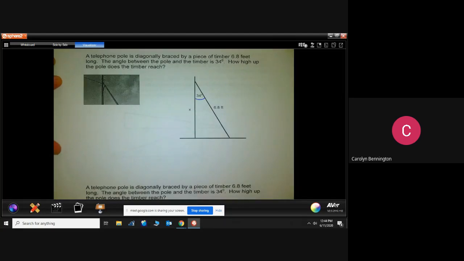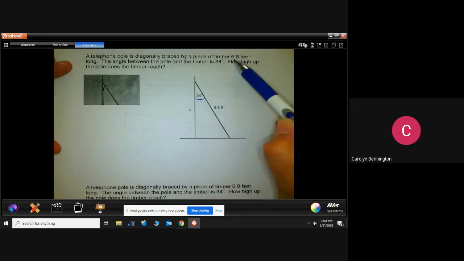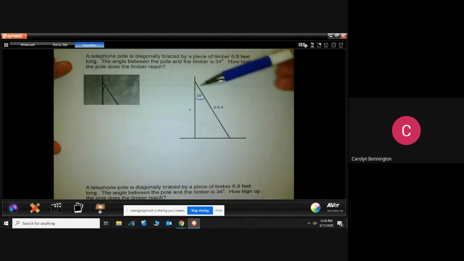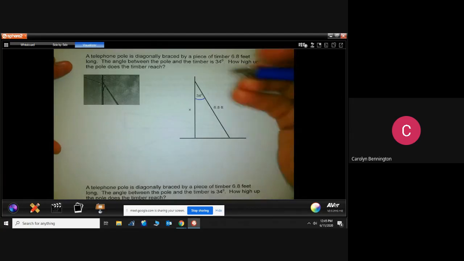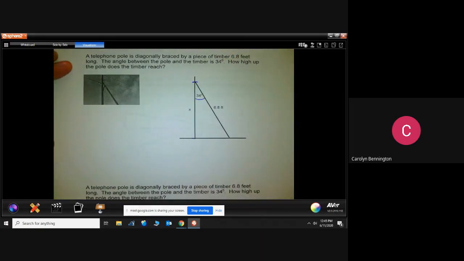And then it says that the telephone pole is diagonally braced by a piece of timber 6.8 feet long. So this piece here that's on the angle is 6.8 feet. And we want to know how high up the pole does the timber reach. So we're looking for this side here. So from this point to the bottom is the distance that we're looking for.